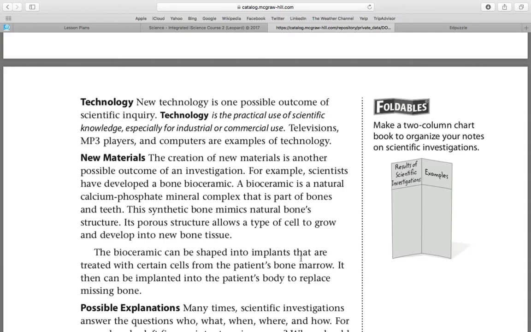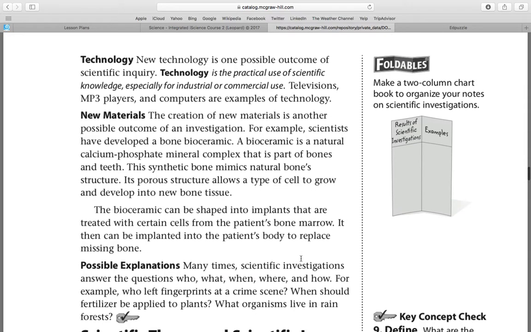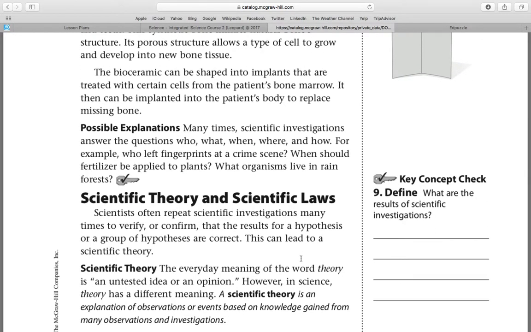New material also comes about because of scientific inquiry, such as in the picture in your textbook on page NOS 8, a picture of a bioceramic bone. It's actually a lab-made bone that can be put into your body, and it can act as if it were a real bone. So that's new material that has been made. Possible explanations are things that we haven't already discovered in our world.